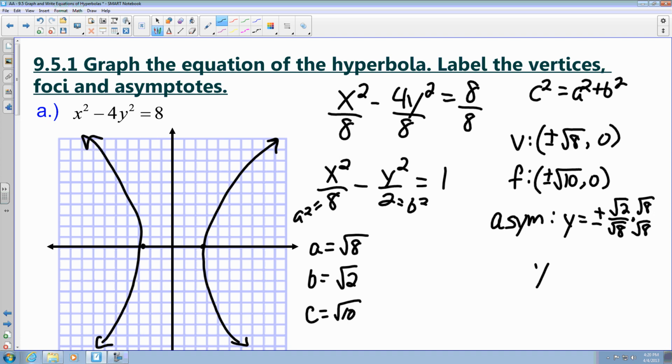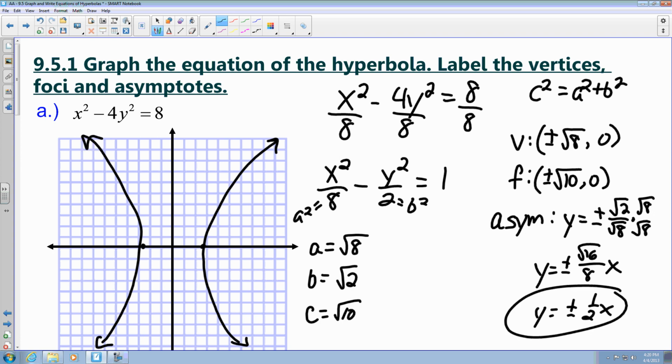So this becomes y equals plus or minus the square root of 16 over 8. Square root of 16 is 4. 4 divided by 8 means y equals plus or minus 1/2 x. So you're going to go up 1 to the right 2, and then make your line. And then you're going to go up 1 to the left 2, and then you're going to make your line.